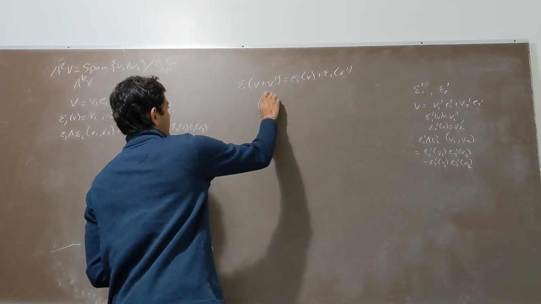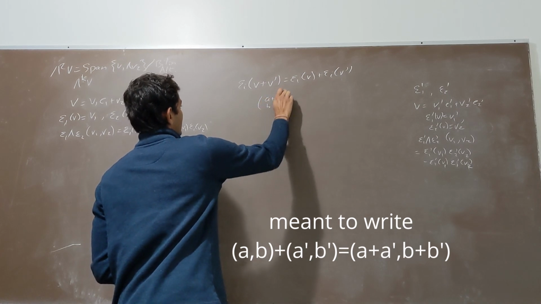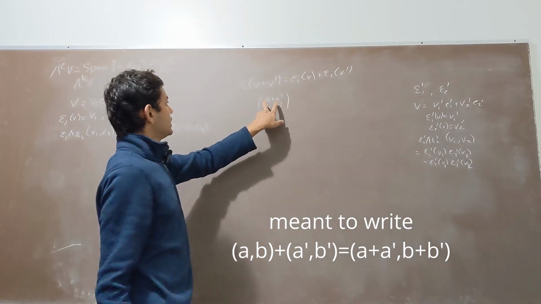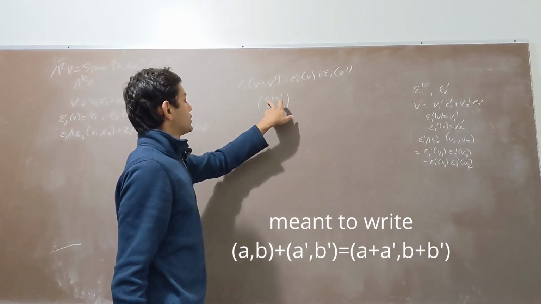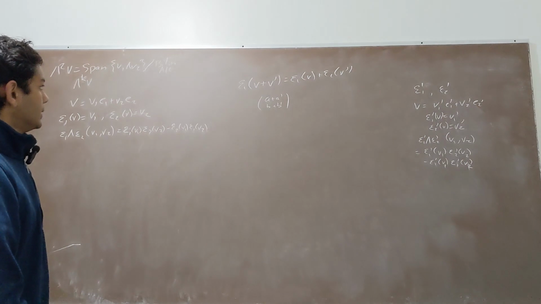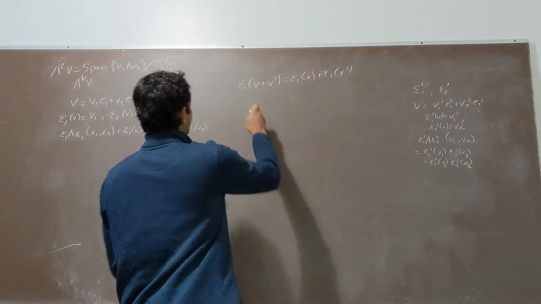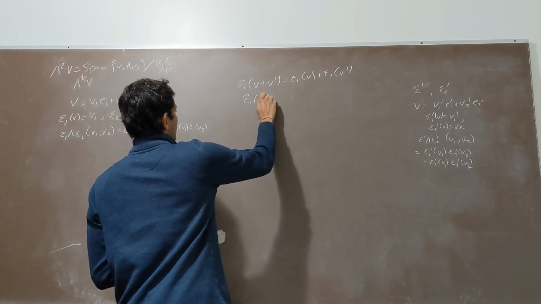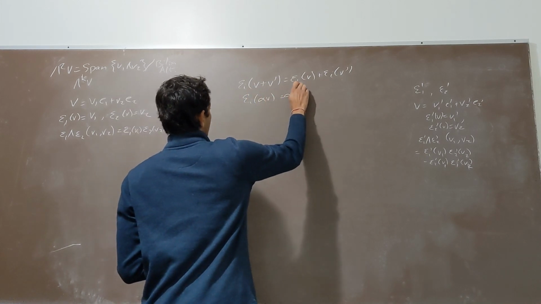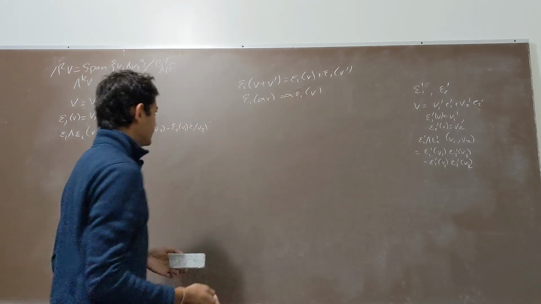So that's just saying if you have a plus a prime and b plus b prime, then the coefficient of the first one, you can either look at it here, or you can say, okay, this is the coefficient of a plus a prime. And similarly, we also have that epsilon i of alpha v is equal to alpha epsilon i of v. And this is also fairly clear.